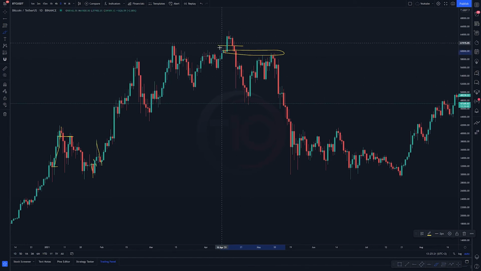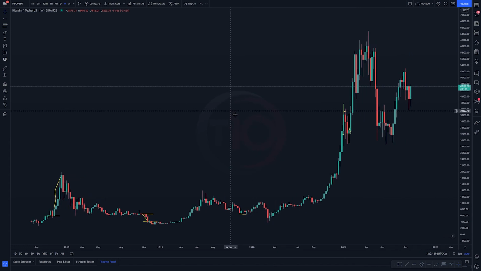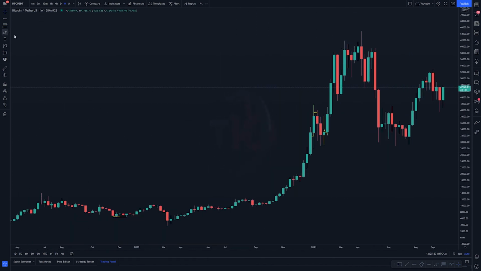But we are expecting some reaction. And if we zoom out a bit to weekly, you will see that this time was a bit different. So, as I said before, the move to high is way down here.